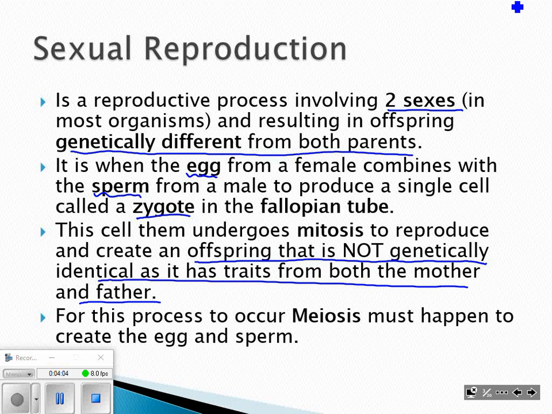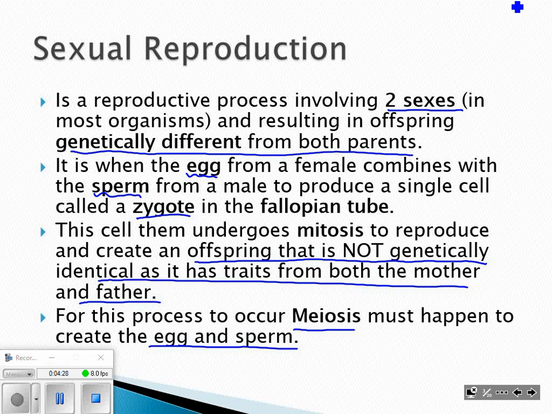So in order for this process to occur, we need these cells to undergo meiosis. Okay, so meiosis creates the egg and the sperm. So the other day I said all your body cells go through mitosis with the exception of the egg and sperm. Meiosis is making the egg and sperm.